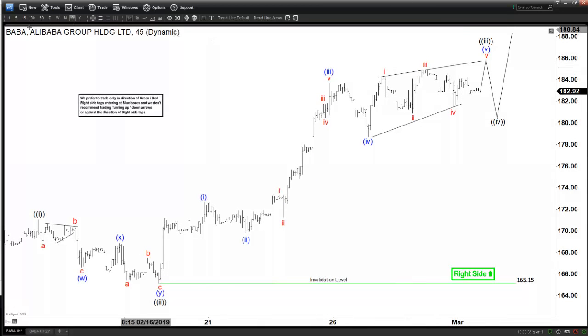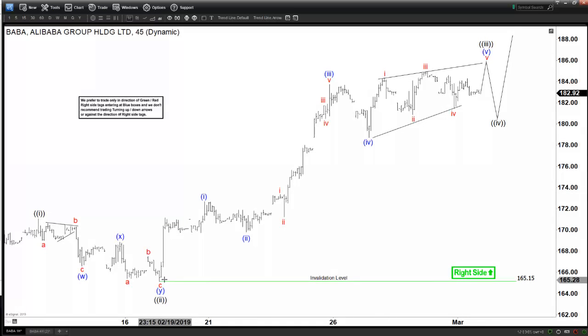So here is the chart of Alibaba, a 45-minute short-term chart. We are looking at a 5 wave impulse that comes from $165.15. The rally looks like a clear-cut 5 waves.